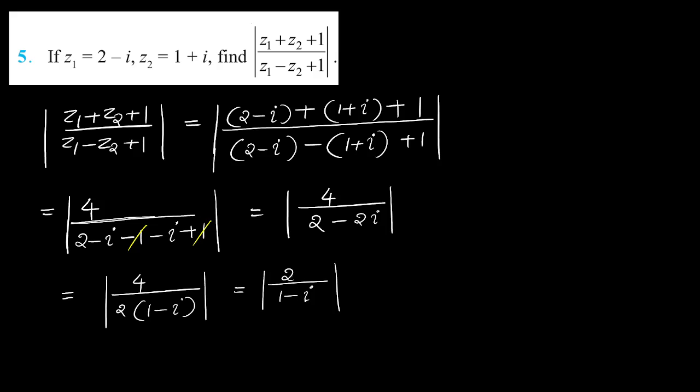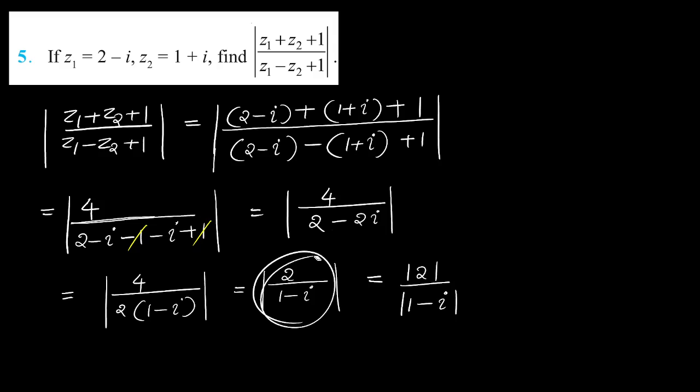Two ways we can solve it. Can I read this as modulus of z1 by z2? It is mod z1 by mod z2. Or you may do the simplification. You can decide.